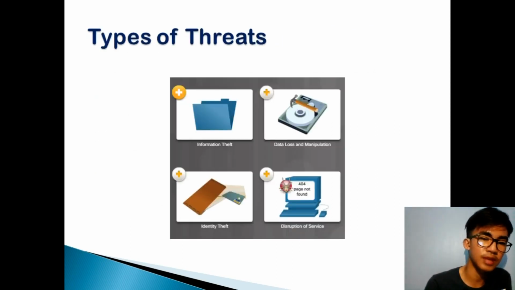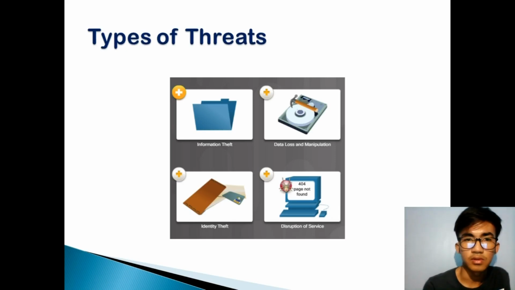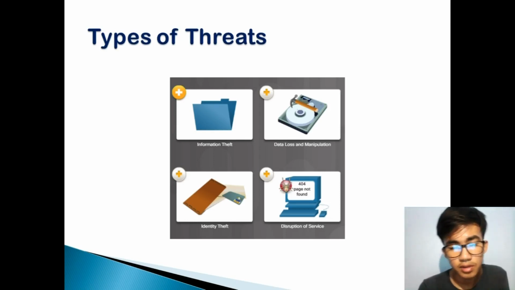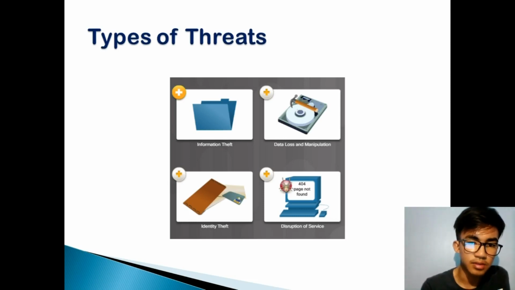So this is a type of threat to information, when you're using somebody's information, for example to withdraw from another person's credit card by stealing the information about the owner of the credit card.